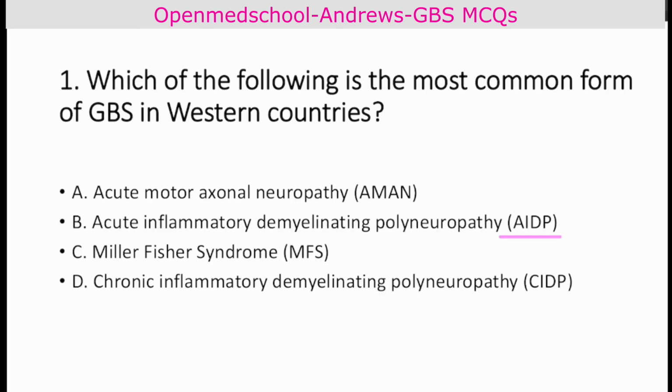First question. Which of the following is the most common form of GBS in Western countries? We have already mentioned that AIDP constitutes more than 52% of cases of GBS.